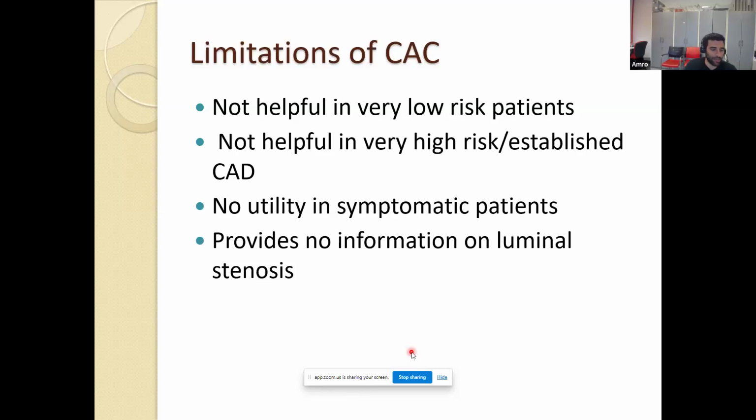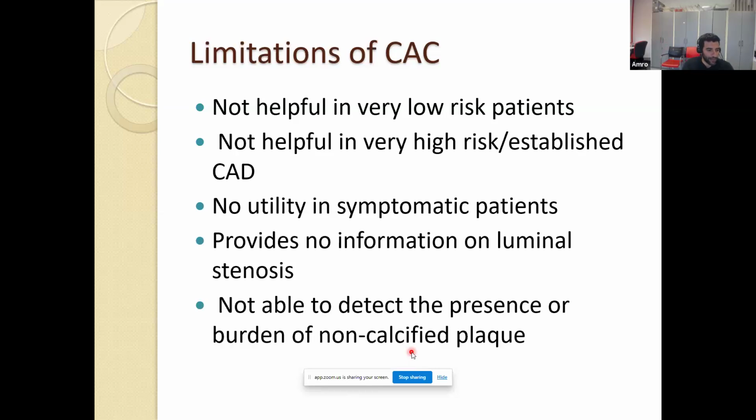They do not tell you anything about luminal stenosis, about the degree of stenosis of each of the coronary artery territories. So it's completely pointless. They need more. They need another type of imaging, either CT coronary angiogram or myocardial perfusion scan or stress echo or invasive angiogram.